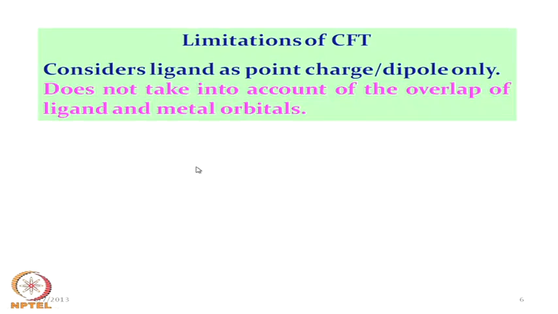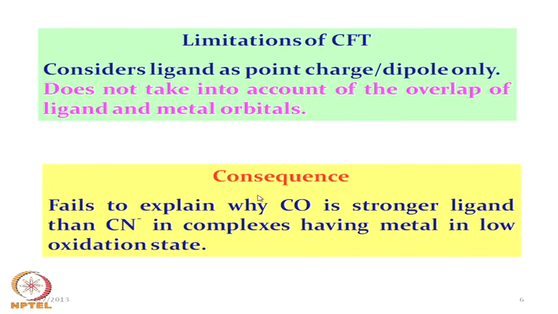Crystal field theory also fails to explain the nature of the carbon monoxide ligand. As we see in the spectrochemical series, carbon monoxide is a stronger ligand than the cyanide ion in several complexes.